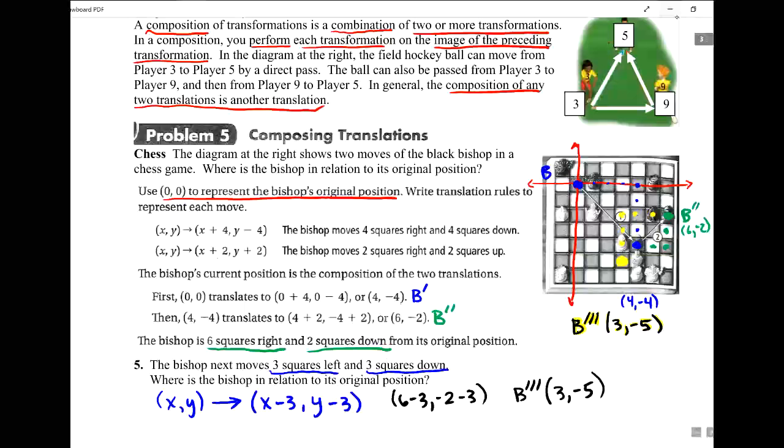We take bishop double prime, which is 6, negative 2, and we do 6 minus 3 and negative 2 minus 3, and we end up with bishop triple prime is at 3, negative 5. So that's where it is from its original position. We go over 3, down 5, and we would find the bishop after its third move.